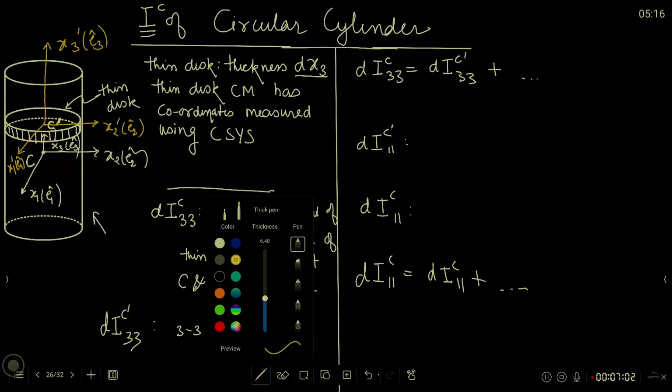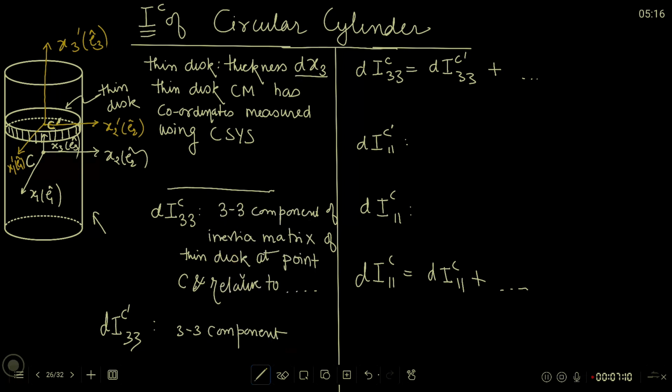The thin disk has its center of mass at C prime, and when I try to identify the coordinates of C prime using the white coordinate system, what would be those coordinates? Those coordinates would be 0, 0, x3.